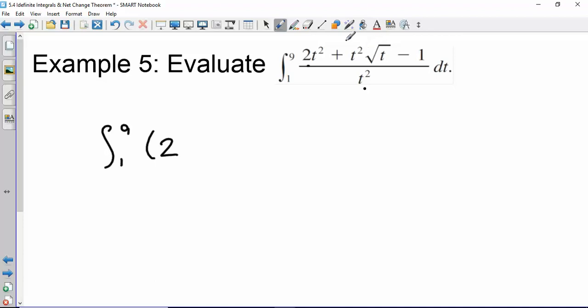T to the square root is like a 1/2, so that's t to the 3/2 over t squared. So if you subtract those exponents, 3/2 minus 2, you get -1/2. Minus 1 over t squared, that's t to the -2.